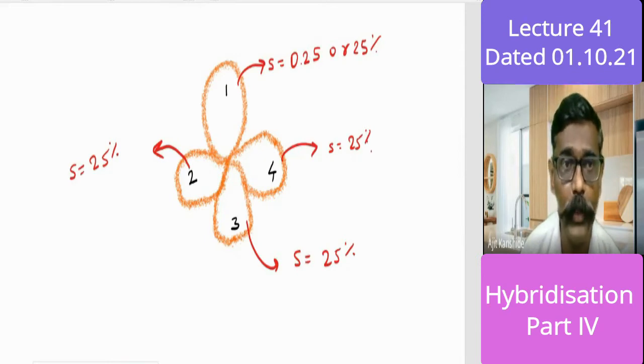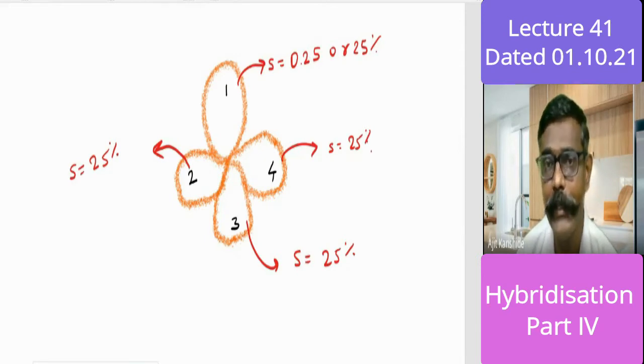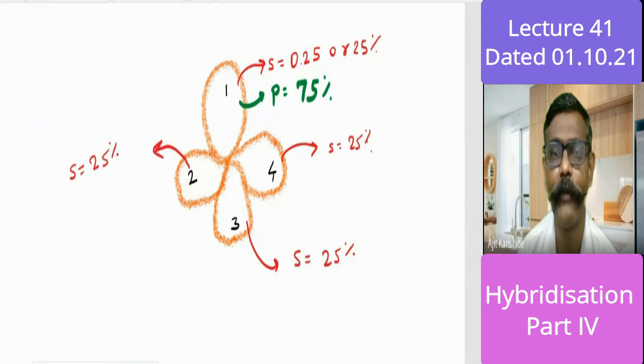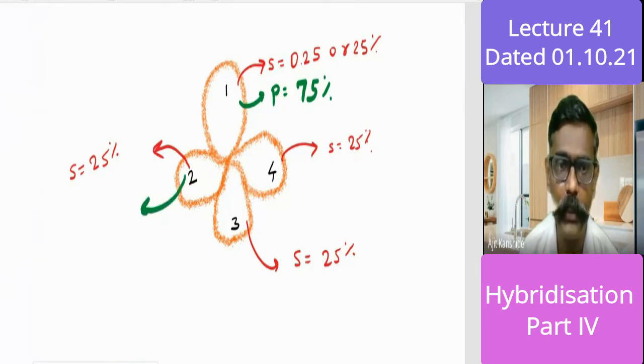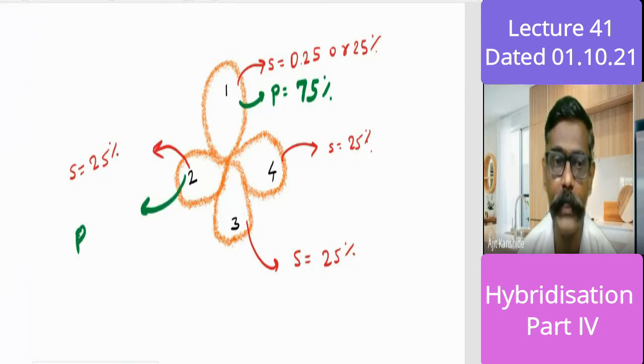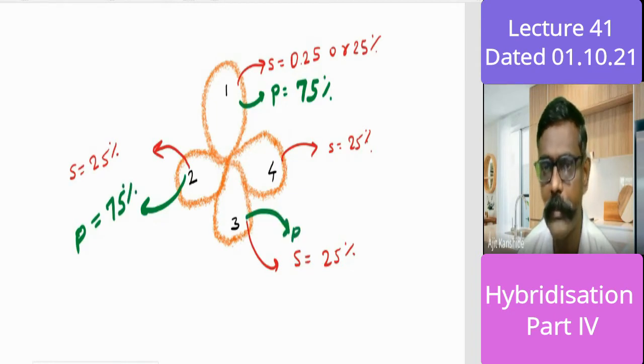Similarly, I hope you will understand if I say in that first orbital, the p character is 75% or 0.75. In the second orbital or second lobe, the p character is 75%. Here also p character is 75%. p character is 75%.